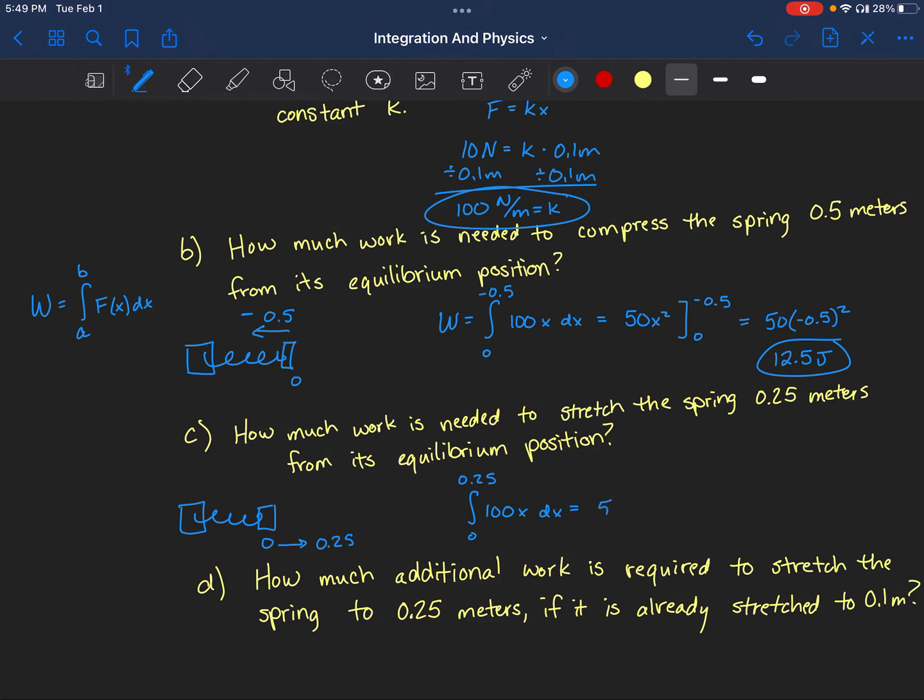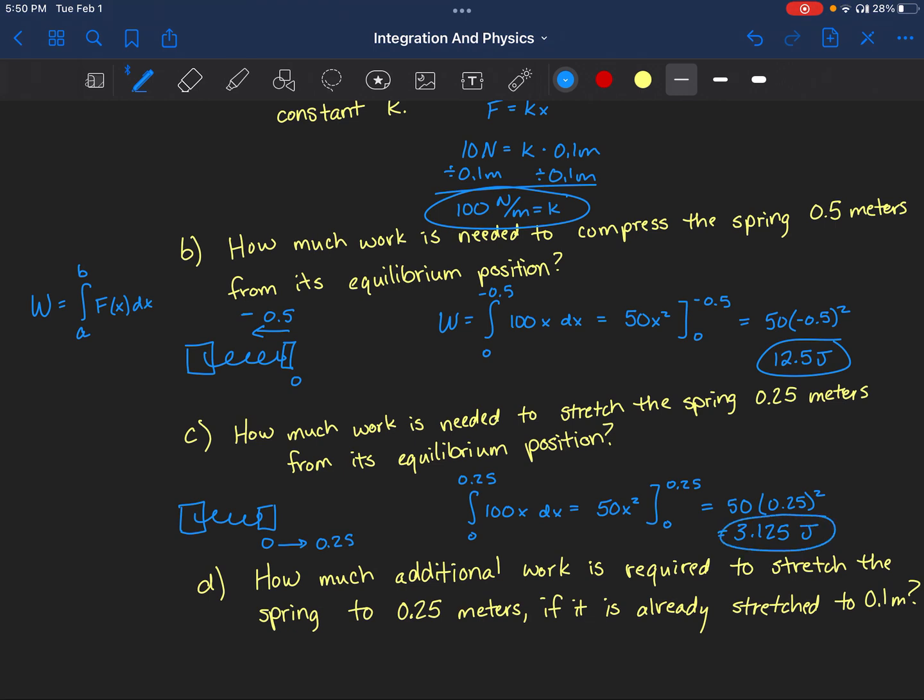When I integrate, still going to get the same thing, 50x squared, evaluated this time from 0 to 0.25. So again, if I plug in 0, I just get 0. If I plug in the 0.25, let's see, that's going to be 1/4 squared, which is going to give me 1/16 times 50, which should be 3.125 joules as my final answer.